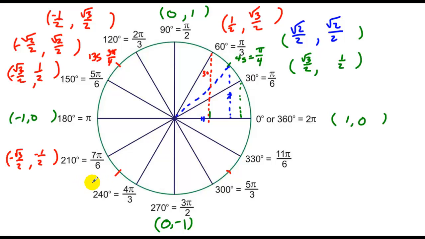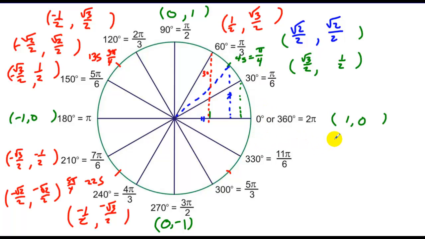And likewise at 225, which is 5 pi over 4, I end up with negative root 2 over 2 and negative root 2 over 2. And then flip this point over, that's negative a half and negative root 3 over 2.